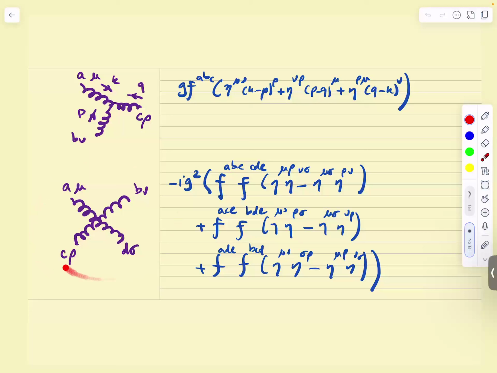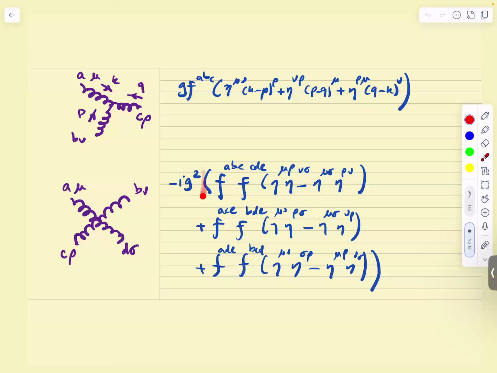For the 4-point function, you don't need to worry about momenta, right? There's no derivative in there. Remember that this term has one derivative. Why? Because in the expansion, the covariant derivative either gives you a derivative or an A. So if you had 3 A's here, you still have one derivative. Here, you have 4 A's, so no derivatives. So you don't need to worry about momenta, right?